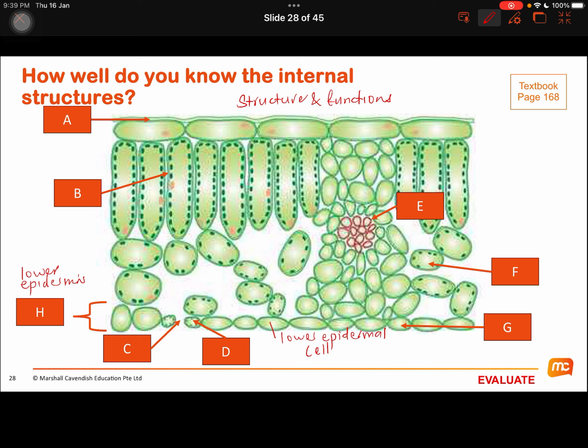When I refer to it as an epidermal cell, it means that it is referring to one cell. But when I refer to the layer known as the lower epidermis, it is referring to the entire layer of cells. I hope that's clear. And you can see that the lower epidermal cells at the bottom do not contain chloroplasts.